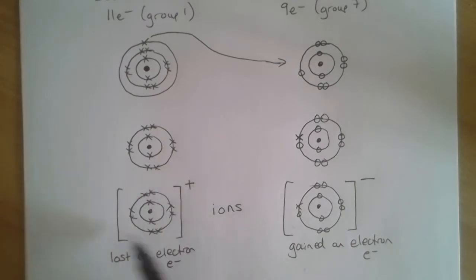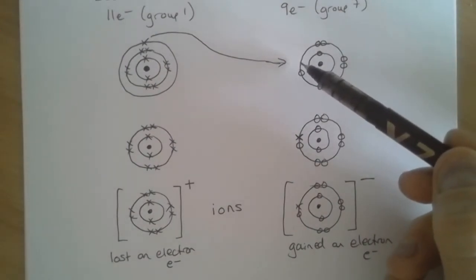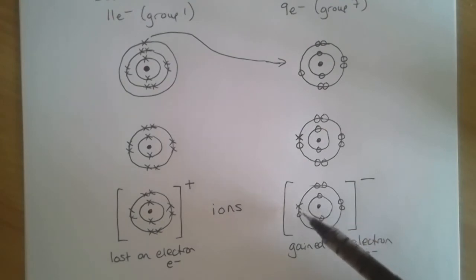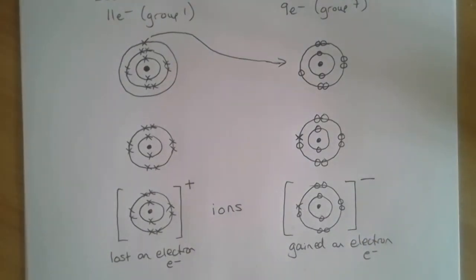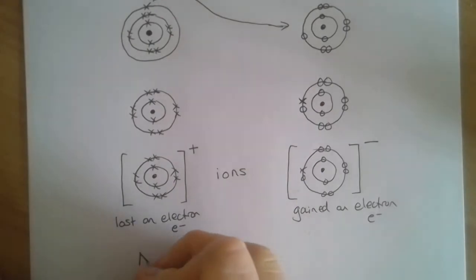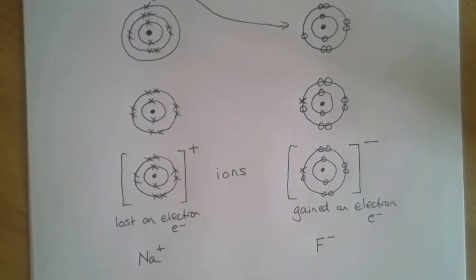So the particle that's left over, the ion that's formed, is positive. This atom has gained a negative charge in going from here to here. Remember, this cross here is a negatively charged electron. So these ions we could also write as Na plus and F minus.